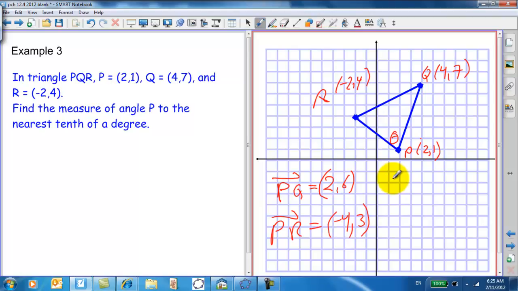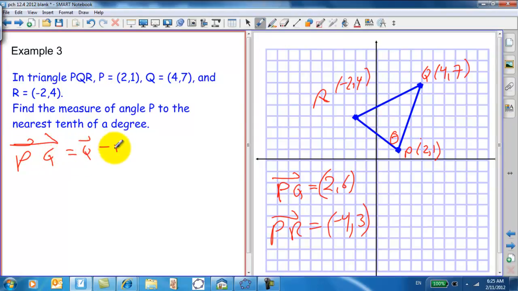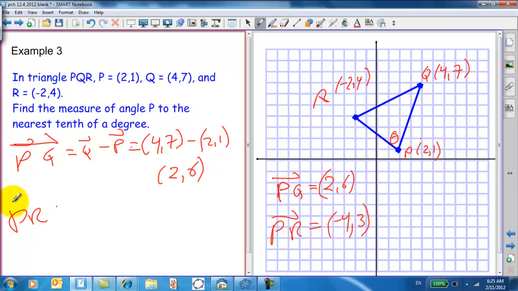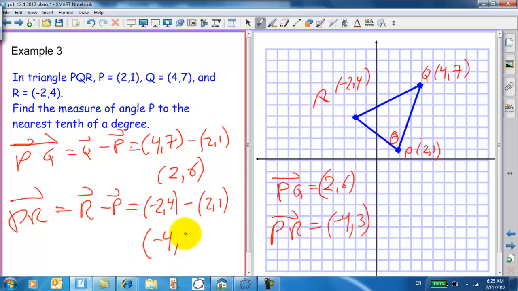Now, if you didn't have the graph paper handy, you could still find vector PQ by doing Q minus P. That is (4, 7) minus (2, 1). So you get <2, 6>. And vector PR is R minus P. So that's (-2, 4) minus (2, 1), and you get <-4, 3>, as we said over here.